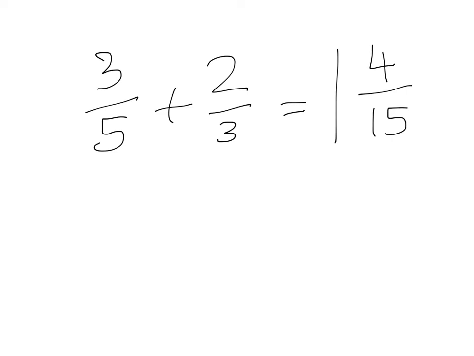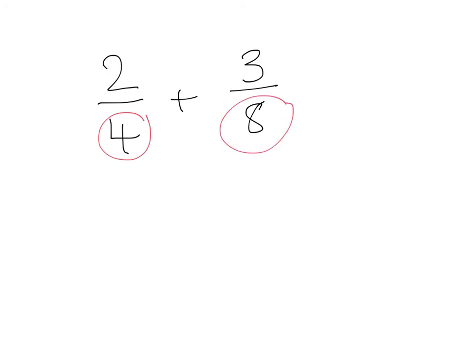Let's do one more. 2 quarters plus, let's make it 3 eighths. We can't add them together because they have different denominators. Let's find the lowest common denominator. Starting with 4.